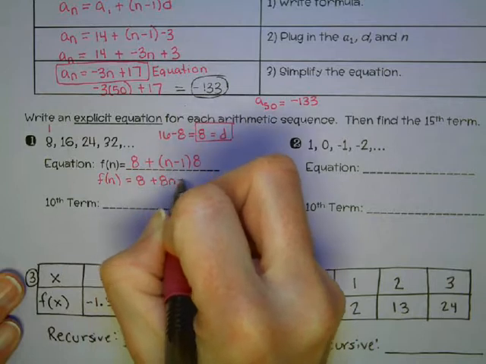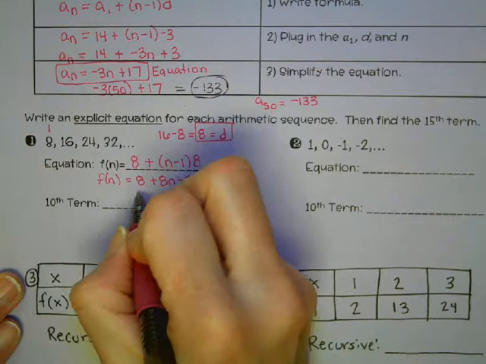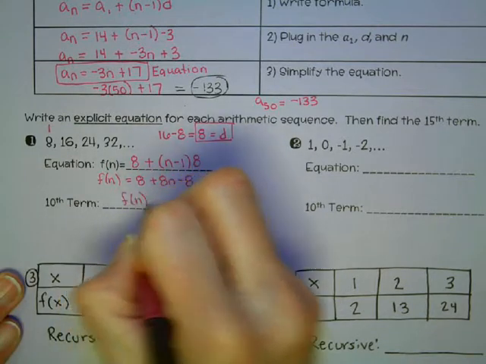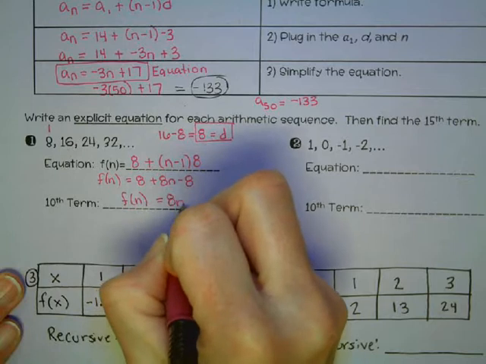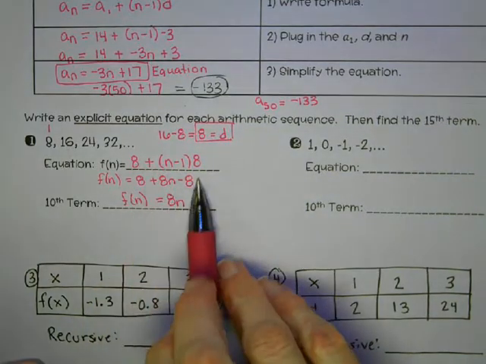Then we're going to combine like terms. I'm just going to do that work down below. So we'll just say f of n is 8n. You do 8 minus 8, you can put plus 0, but you don't need to.